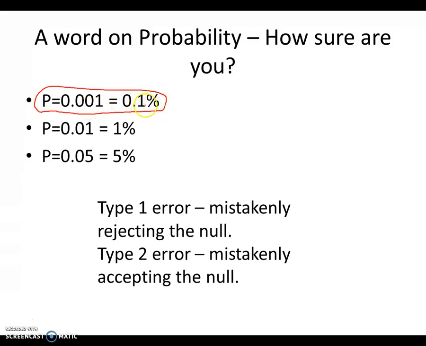So you need to only have a 0.1% chance of making a type 1 error to publish a new drug into the system. You can't say, we've come up with this new aspirin, and there's a 5% chance that it'll kill you, so take the risk. That means 1 in 20 people who take the drug are going to die. So you don't do that. You have to use really stringent levels of probability.